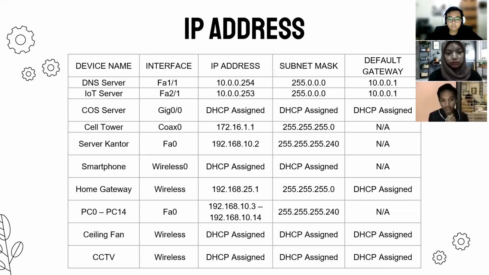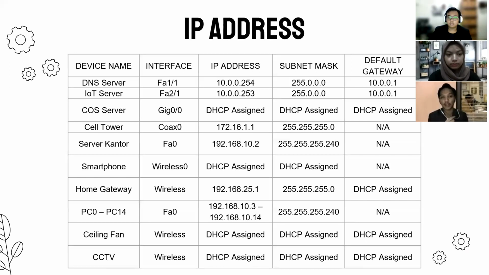We have PC0 till PC14 used in each room, using FastEthernet. The IP addresses are 192.168.10.3 till 14, and the subnet mask is always the same from PC4 till PC14, 255.255.255.240, and there is no default gateway.